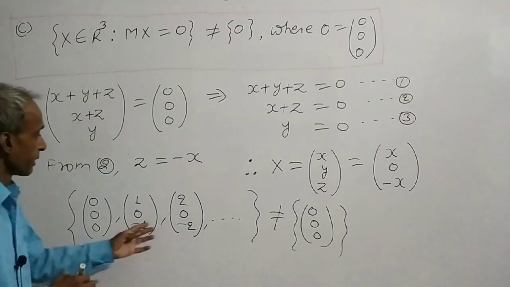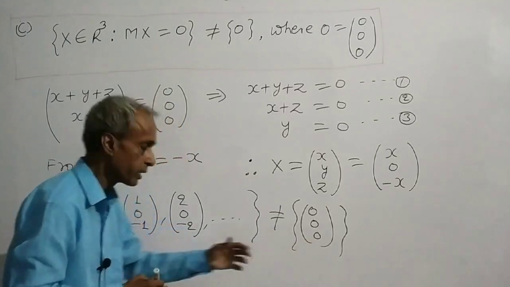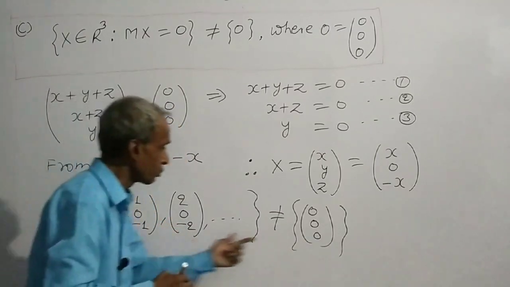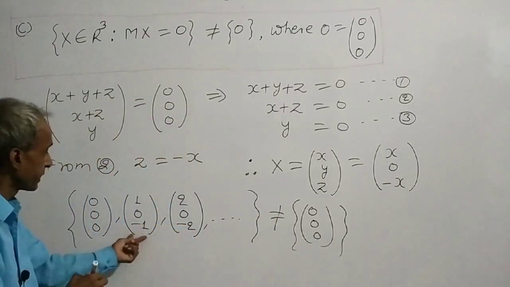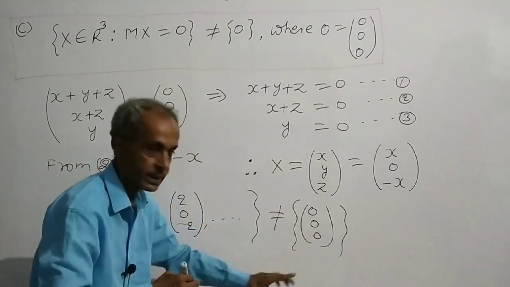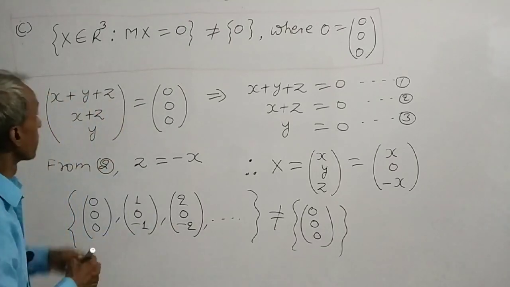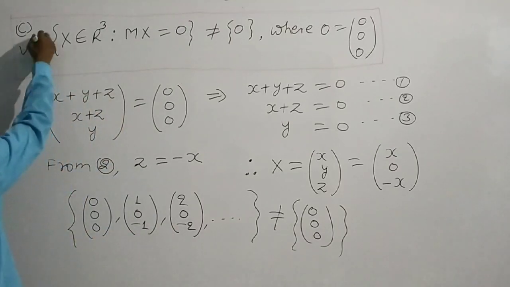Clearly, this set is not equal to this set because elements in these two sets are not equal. This is element of this set and this element is not present in this set. Therefore, these two sets are not equal. Therefore, this statement is correct.